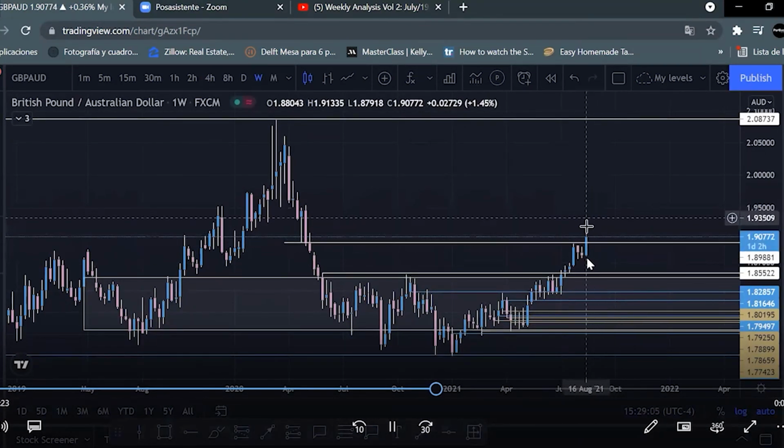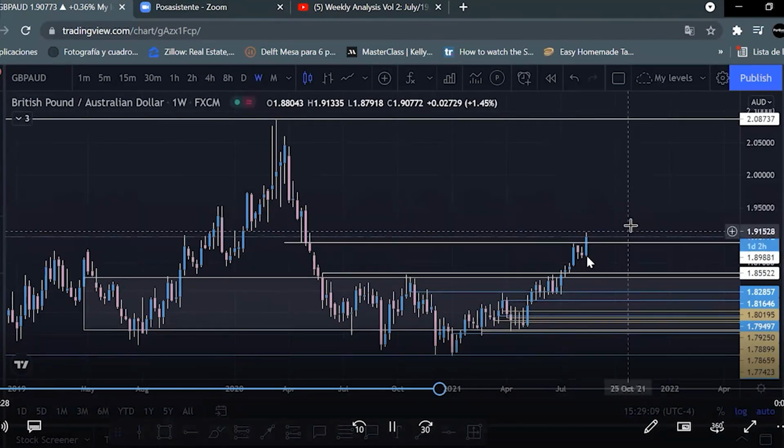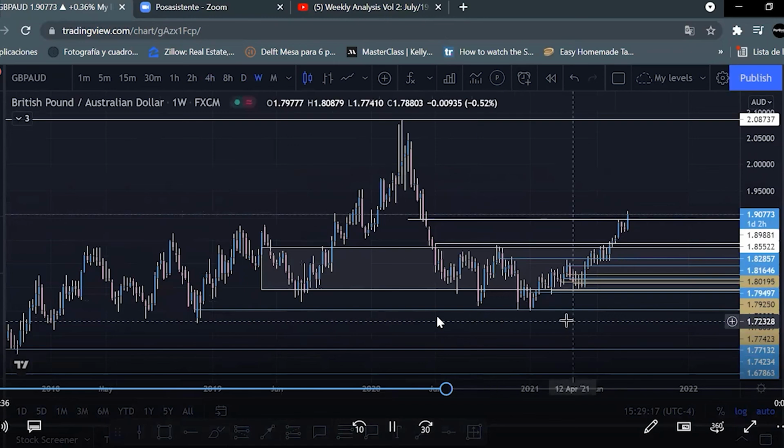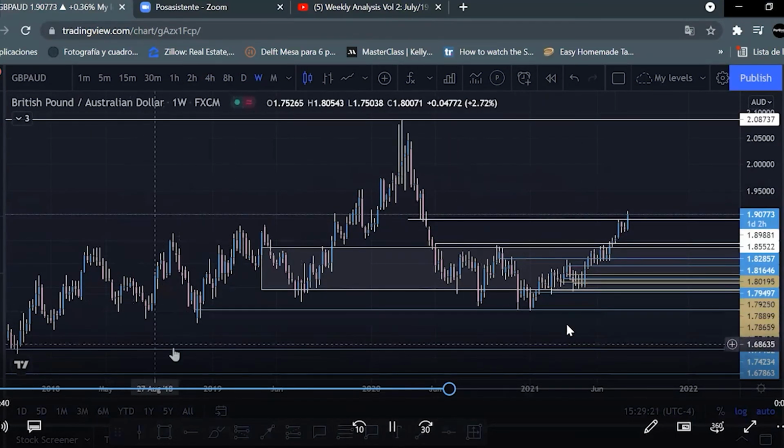If next week's candle actually breaks this weekly low and closes under that, then that's going to be just a stronger confirmation to me that we're going to head down to this liquidity down here. There's a lot of sell side liquidity under these lows.